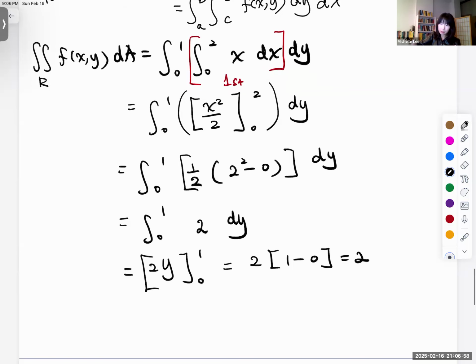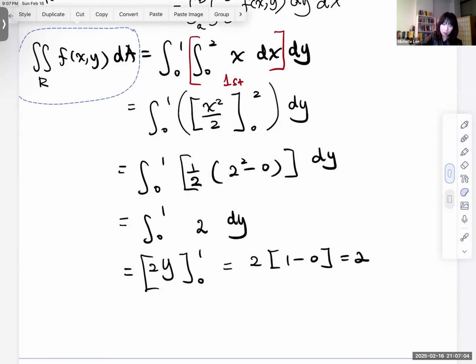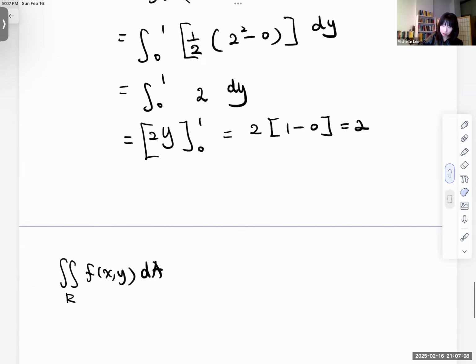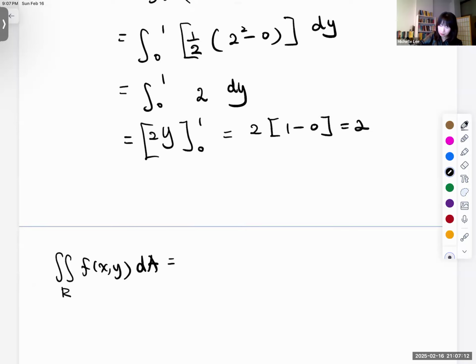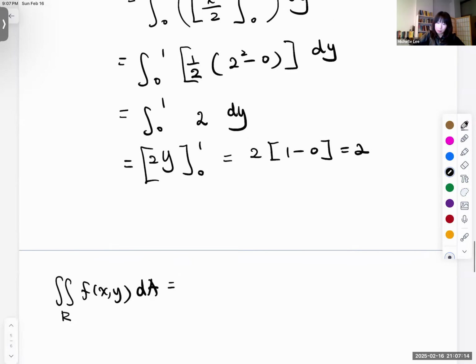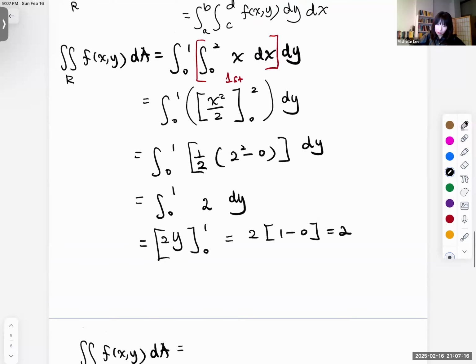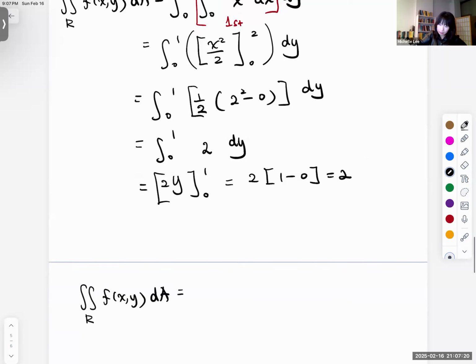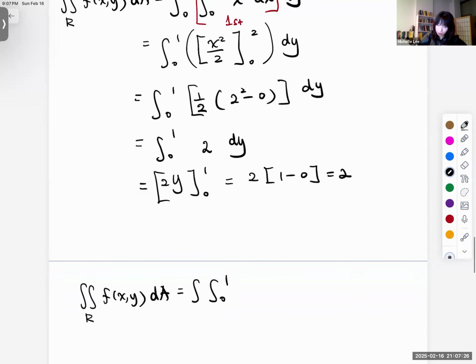So let's do that. Copy. So we have, let me see, what's with respect to y? Y is 0 to 1, and x is 0 to 2, right?